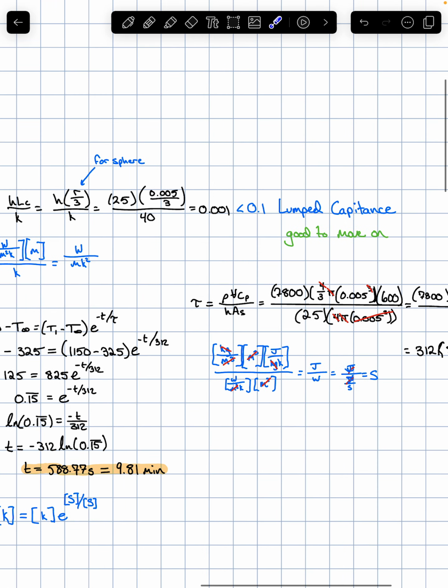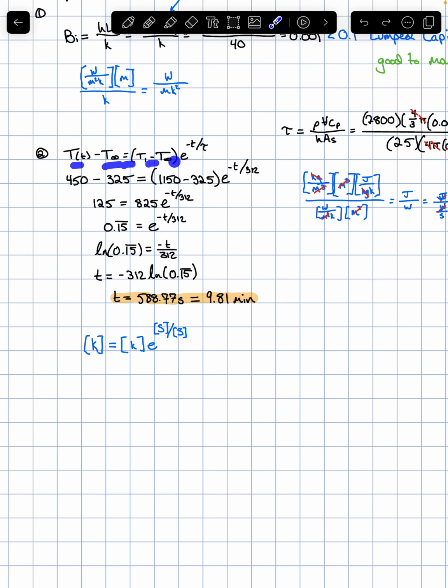All right, so for the next part, we have a convection heat equation here. So we have the temperature, which we want at unknown time t, minus T ambient, equal to the starting temperature T1 minus T ambient times the exponential of time over time constant.